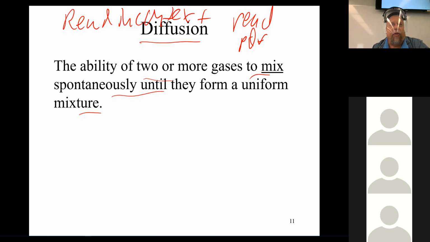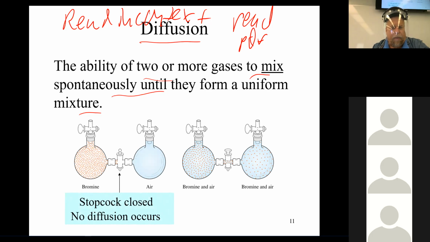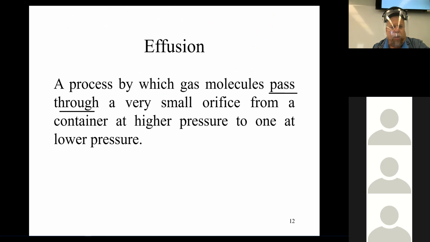Yes, and everybody smelled it, okay, and laughed, because he got into a skunk, okay? That's a good example of diffusion, or my perfume example. Eventually you will smell it, okay? This time of year we got burning smoke from leaf fires. You'll smell it outside. That's diffusion. It's the ability for them to shift, and this is an example there. If you open the stopcock, the diffusion would occur.